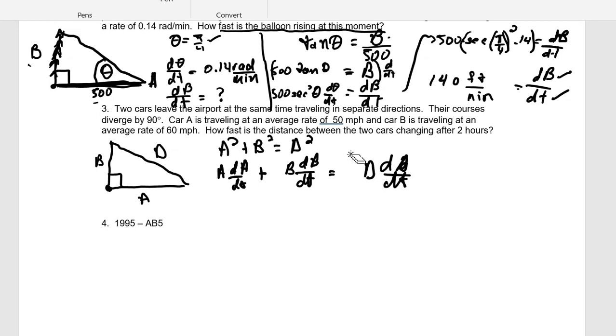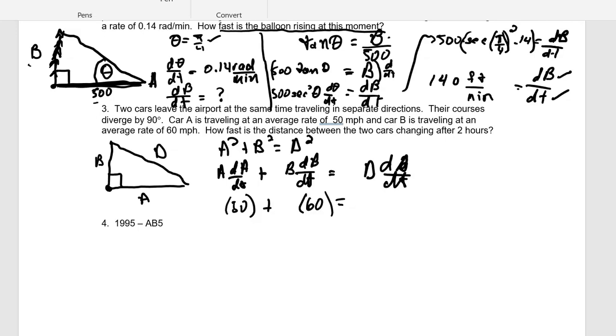You were told that car A is traveling 50 miles per hour. So we know that dA dt here is 50. You were told that car B is traveling 60 miles per hour. So dB dt is 60.